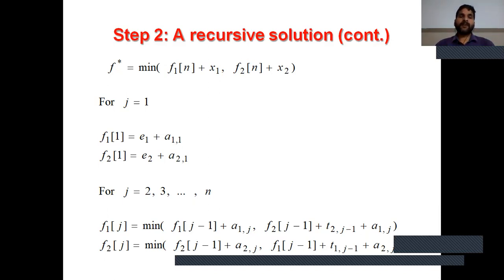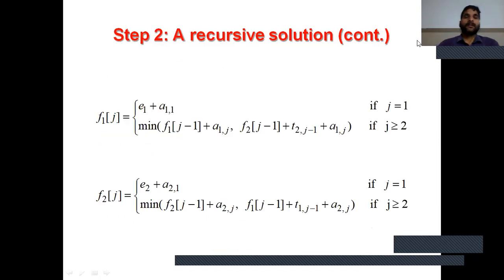Then we calculate the value of f1j as the minimum of f1,j minus 1 plus a1j, and f2,j minus 1 plus t2,j minus 1 plus a1j. Similarly, f2j is calculated by the minimum of f2,j minus 1 plus a2j, and f1,j minus 1 plus t1,j minus 1 plus a2j. Then we can write the function of f1j: if j equals 1, then f1j equals e1 plus a11.